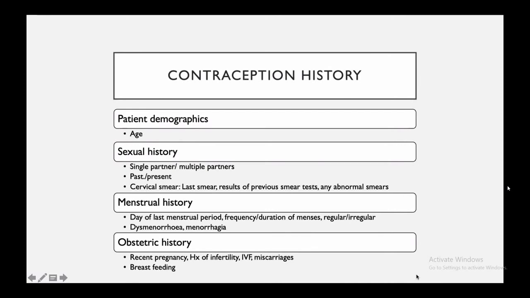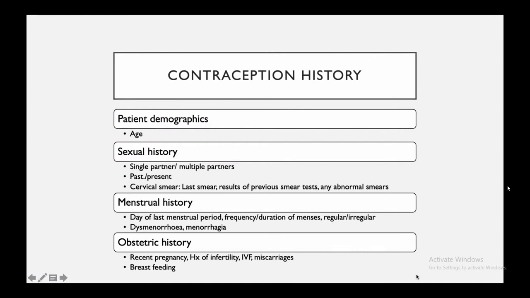Secondly, it's important to get a menstrual history. So when discussing a menstrual history, you need to note the day of the last menstrual period, the frequency and duration of menses, and if their cycle is regular or irregular. You want to ask questions regarding dysmenorrhea and menorrhagia.